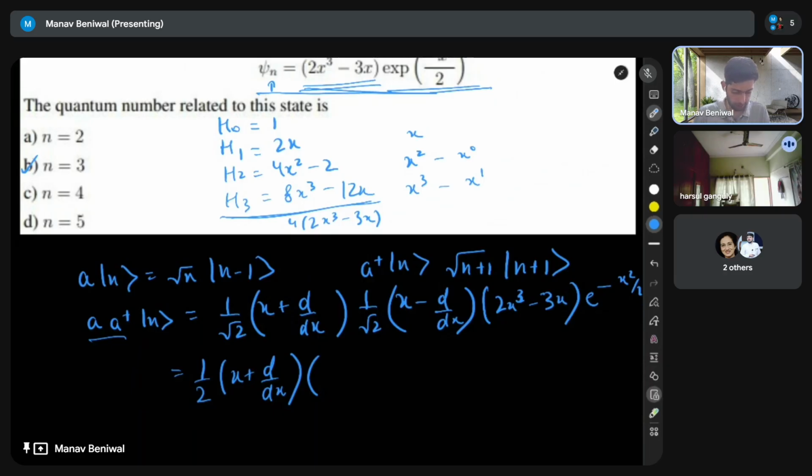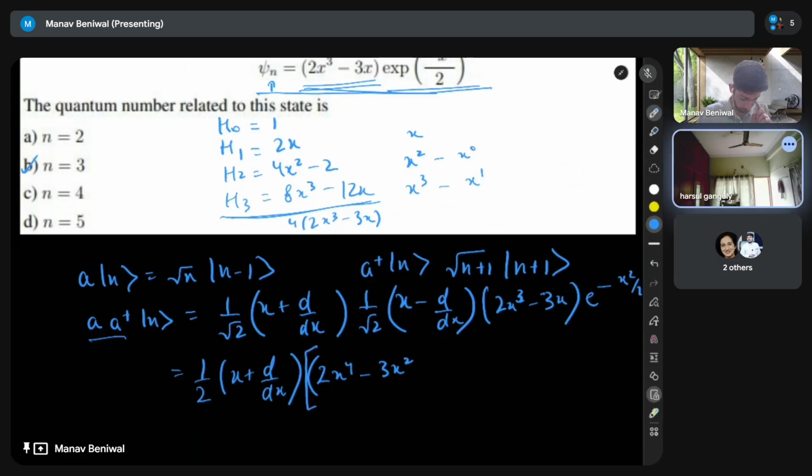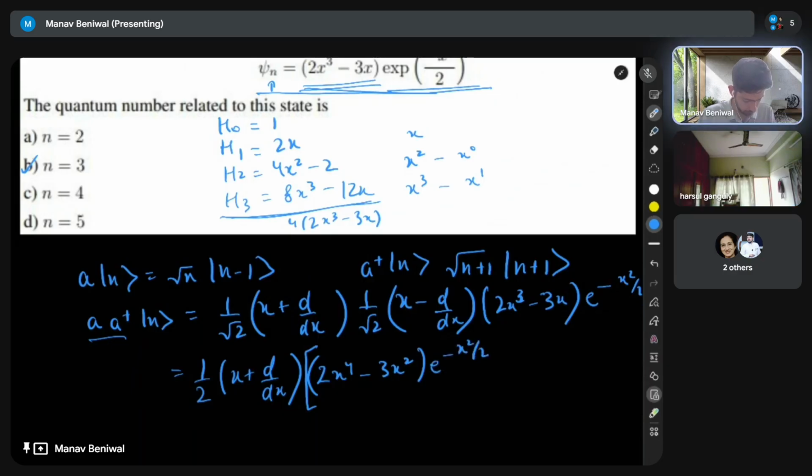One will be 2x to the power 4 minus 3x squared, times e to the power minus x squared by 2.